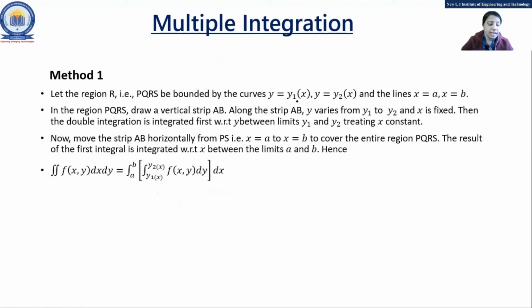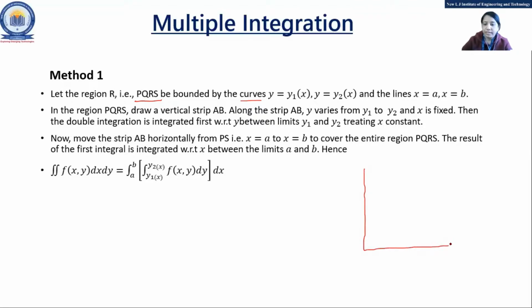Let the region R, that is PQRS, be bounded by two curves, y equal to y1(x) and y equal to y2(x), and two lines, x equal to a and x equal to b. These four are given, curves and lines, which will bound some region. So first we'll try to draw that bounded region.